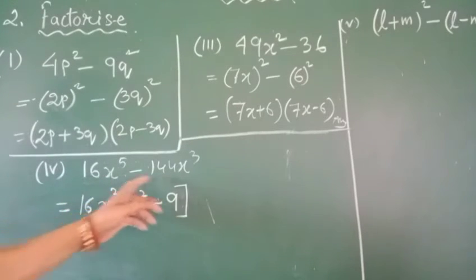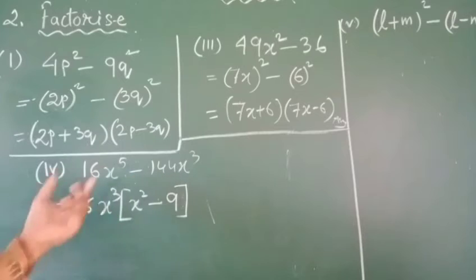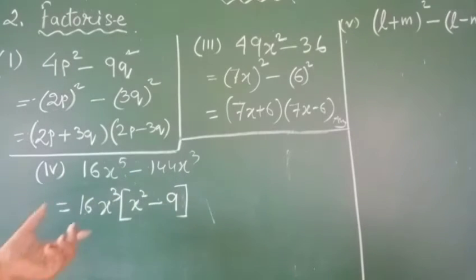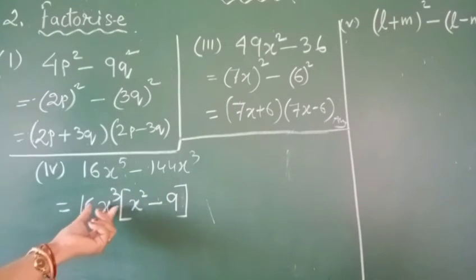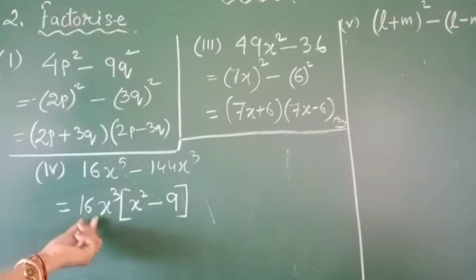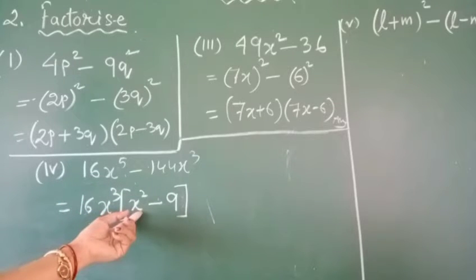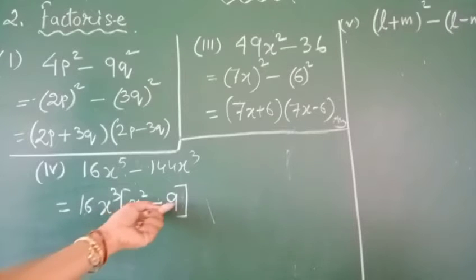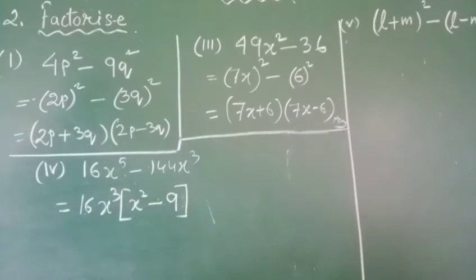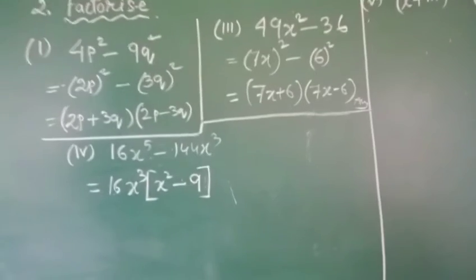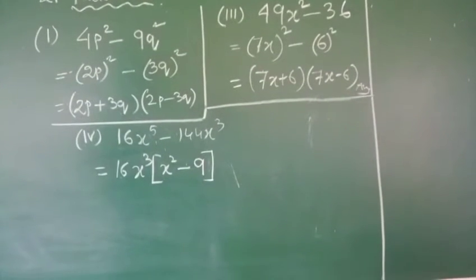First of all I have taken common, because if it is possible to take common, we have to take. After taking these common factors outside, the remaining terms are x square and minus 9, and we can see that both are again square numbers. So we will use that identity, it can fit with identity 3.